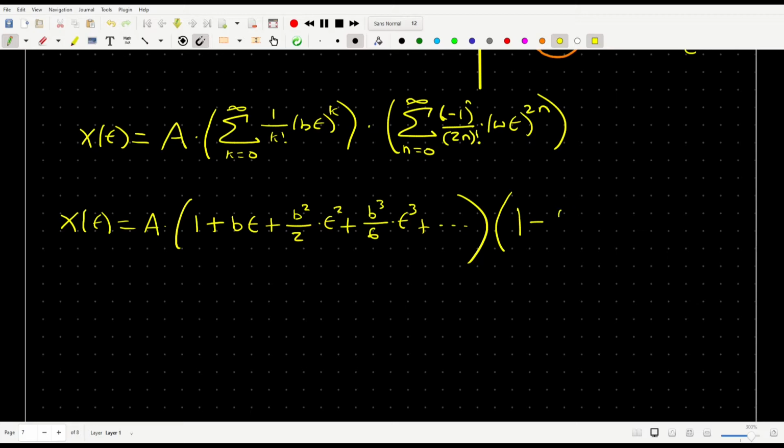And then you're also going to have omega to the 2n, so it's omega squared over 2 times t squared, and then plus negative 1 to the power 2, which will be positive, divided by 4 factorial, and then you'll have omega to the 2 times 2, which is 4, and then t to the 4, and so on and so forth.